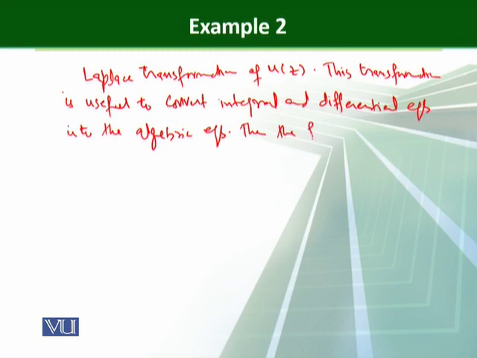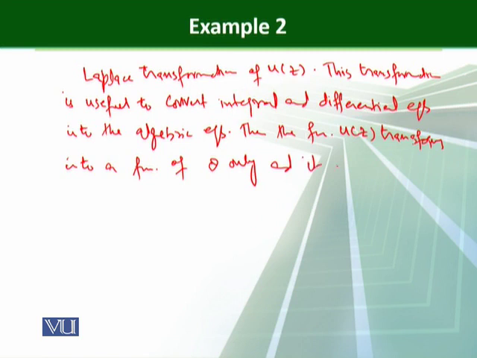the function u(z) transforms into a function of theta only, and it is identically equal to 0.